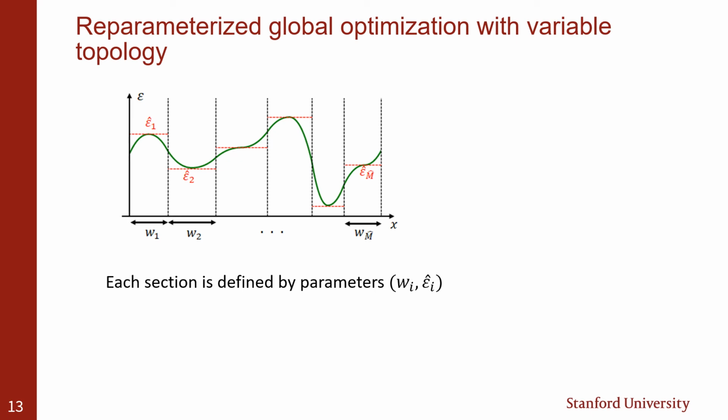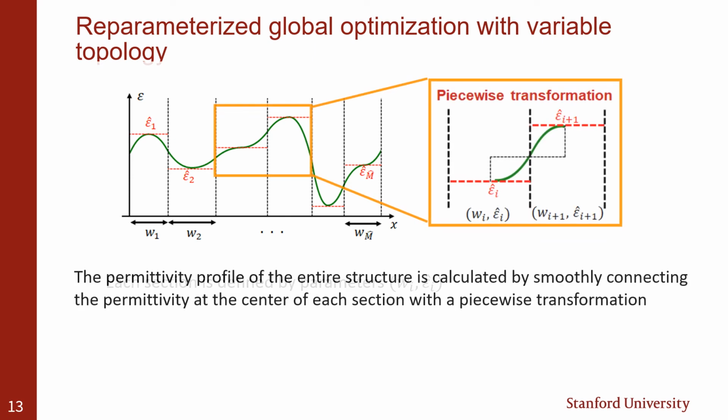A range of topologies can now arise because adjacent sections in final binarized devices can have either the same or different permittivity values. The permittivity profile of the entire structure is calculated by smoothly connecting the permittivity at the center of each section using a piecewise transformation.